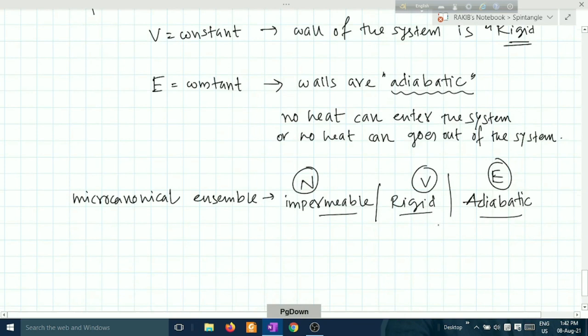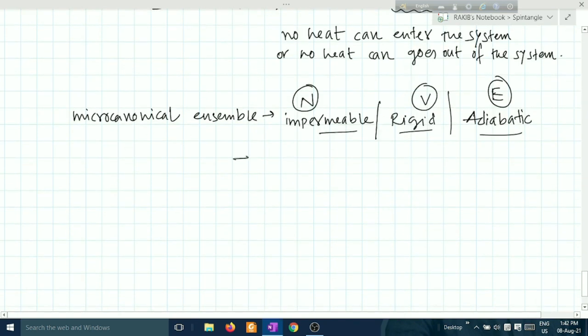The system, you can write this, will be isolated. What is an isolated system? It means no other system is in the surroundings of the particular system.